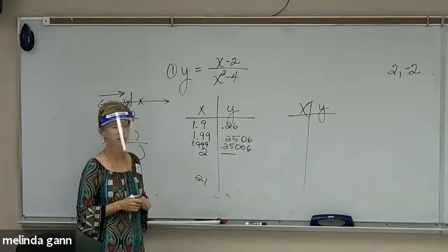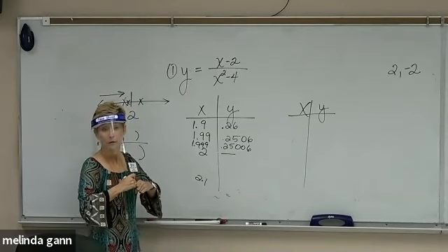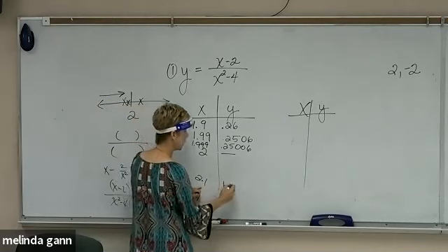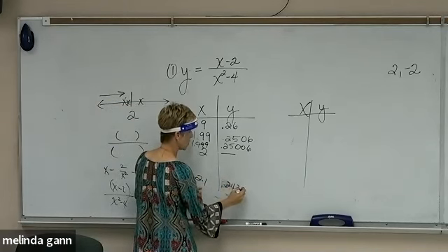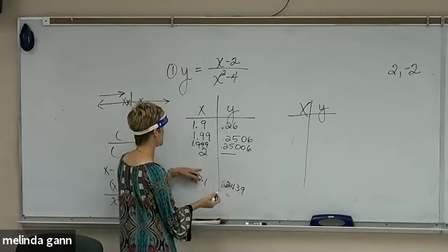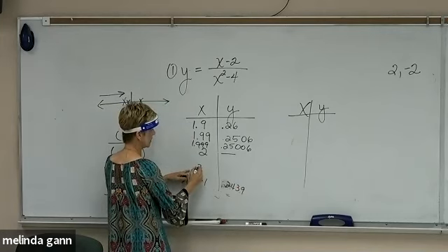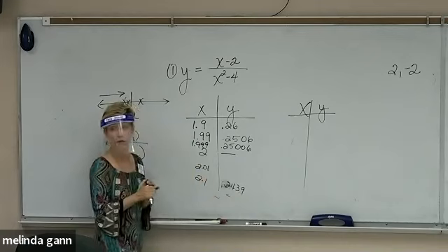What did y'all get when you did 2.1? 0.2439. Agree? Okay, give me a number a little closer to 2 than 2.1. 2.01. All right, try 2.01.